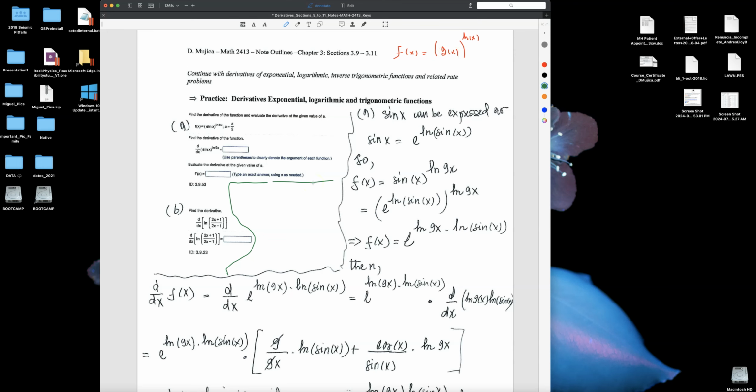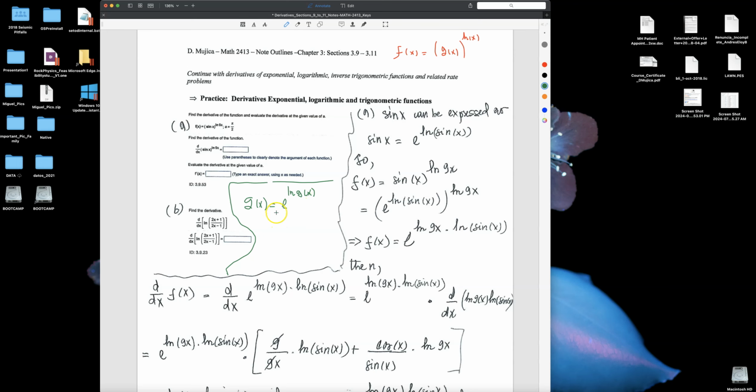And we're going to use the fact that the natural log is the inverse of the exponential function and vice versa. You know that already. So we can write g(x) in the following way: the exponential of the natural log of g(x).